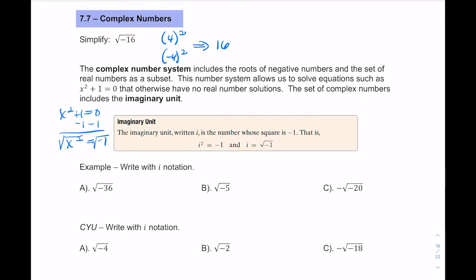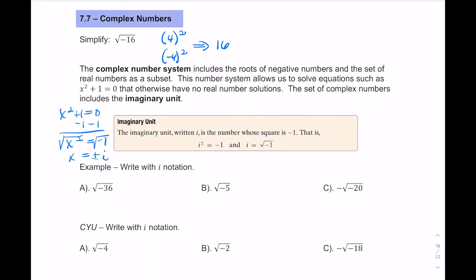To combat that, we will call the square root of -1 the imaginary letter i. So x here would equal plus or minus i. i stands for the square root of -1, and i squared is just -1.